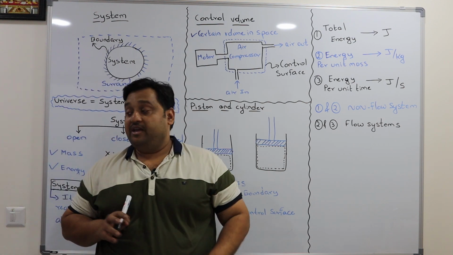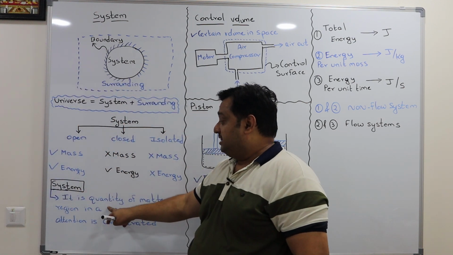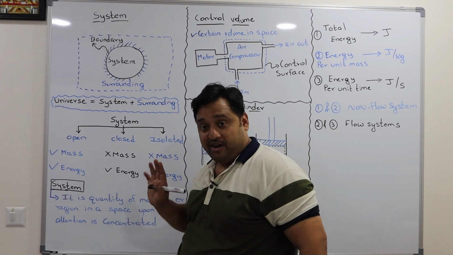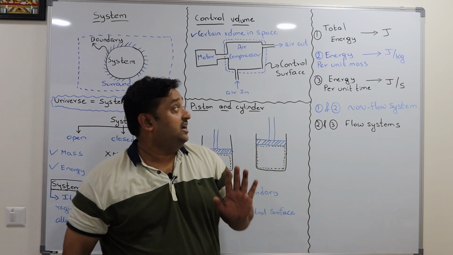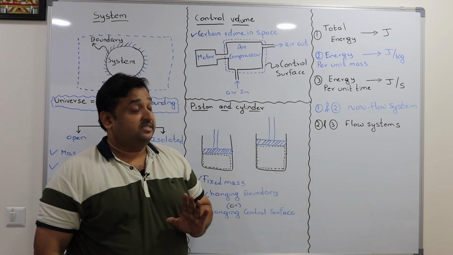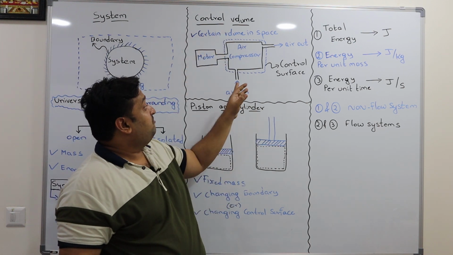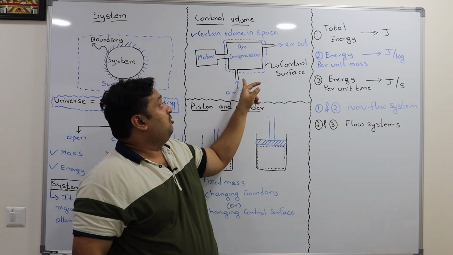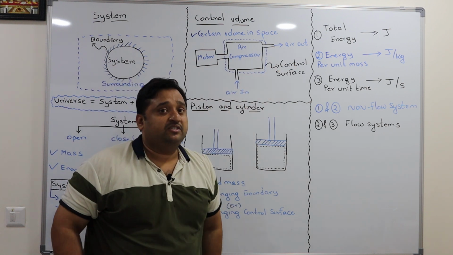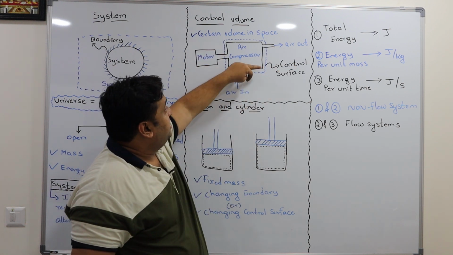And second, as I said, a system is nothing but a quantity of matter or a region in a space. Let us take a region in space. There is a motor which is driving the air compressor. What happens? The air flows in at low pressure and comes out at high pressure. I have drawn a boundary here.